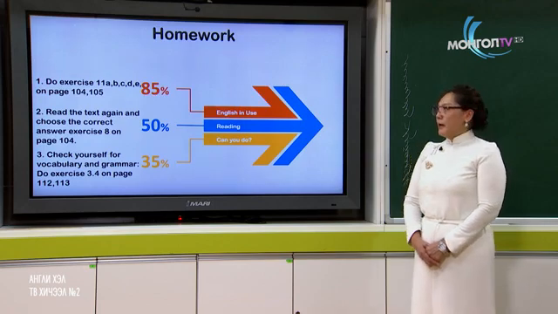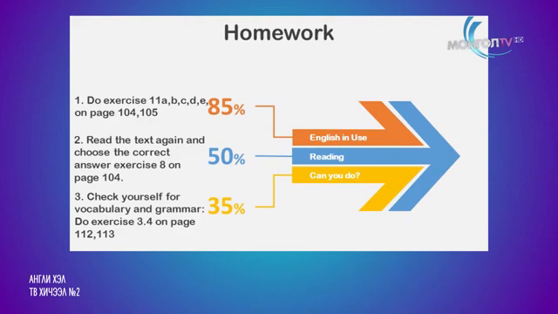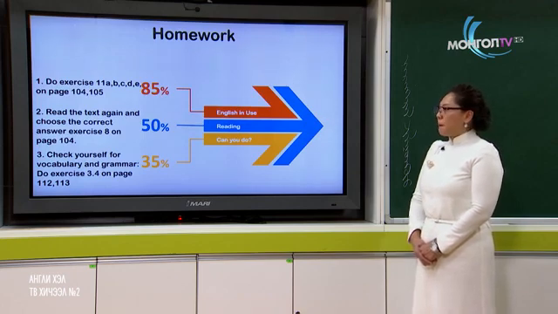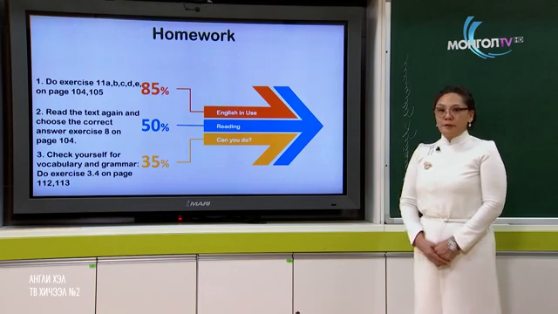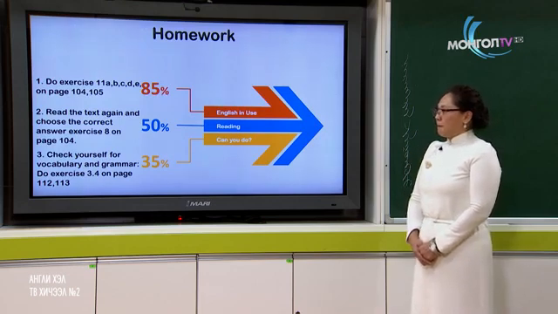When you are doing that, check very carefully. Number 2, read the text again and choose the correct answer. Exercise 8 on page 104. It will be 50% of your lesson. It is about reading.